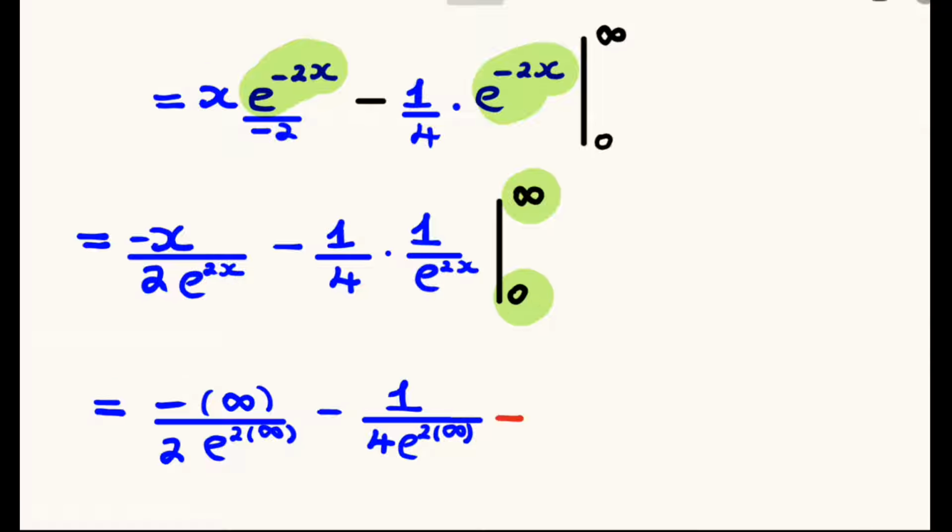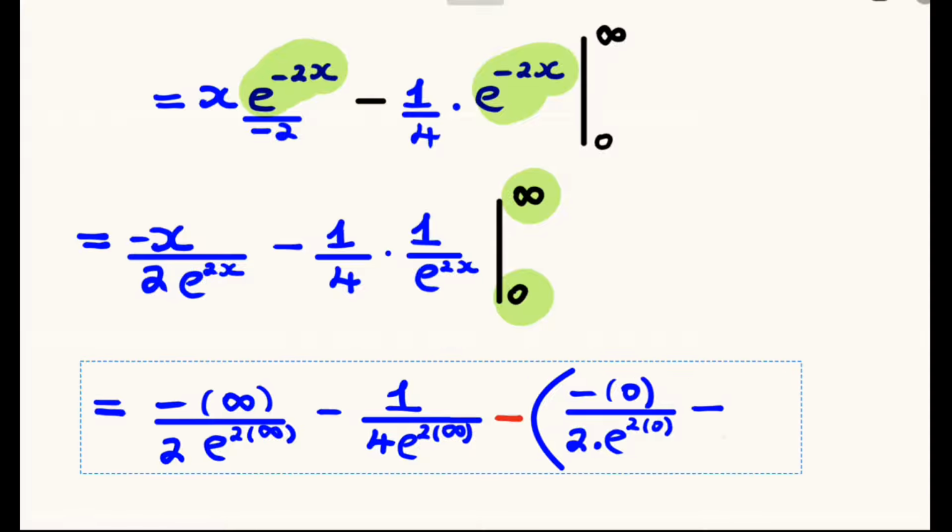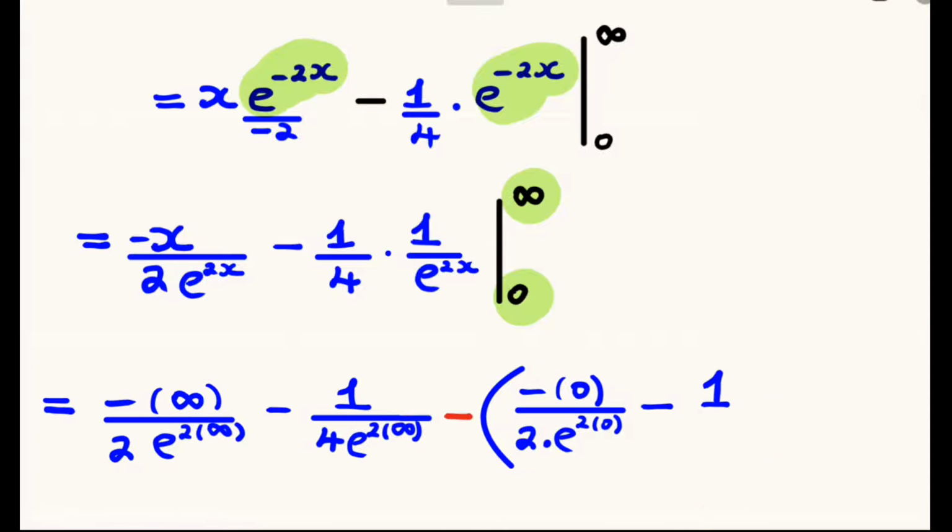So we substitute the infinity where there is x. Now we substitute the 0 where there is x. So we have minus negative 0 divided by 2 multiplied by e raised to the power 2 multiplied by 0, minus 1 divided by 4 multiplied by e raised to the power 2 times 0.